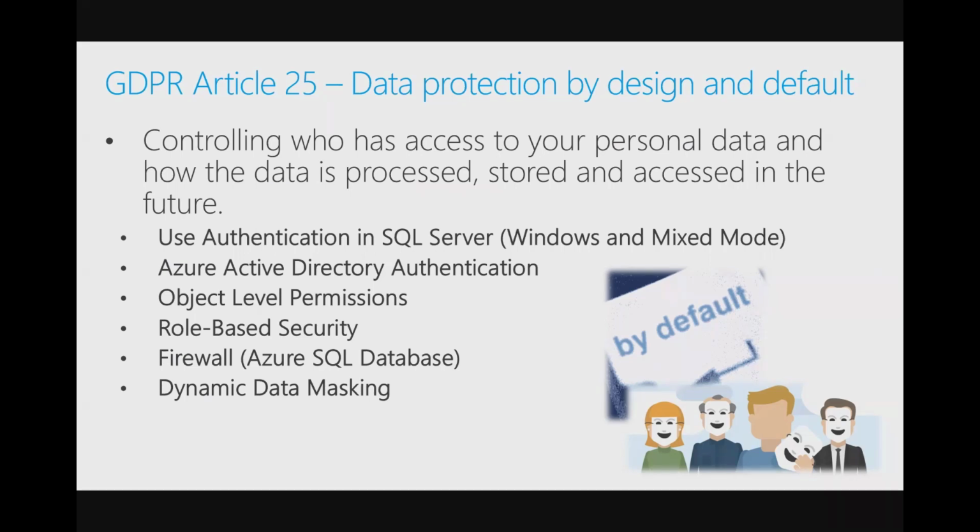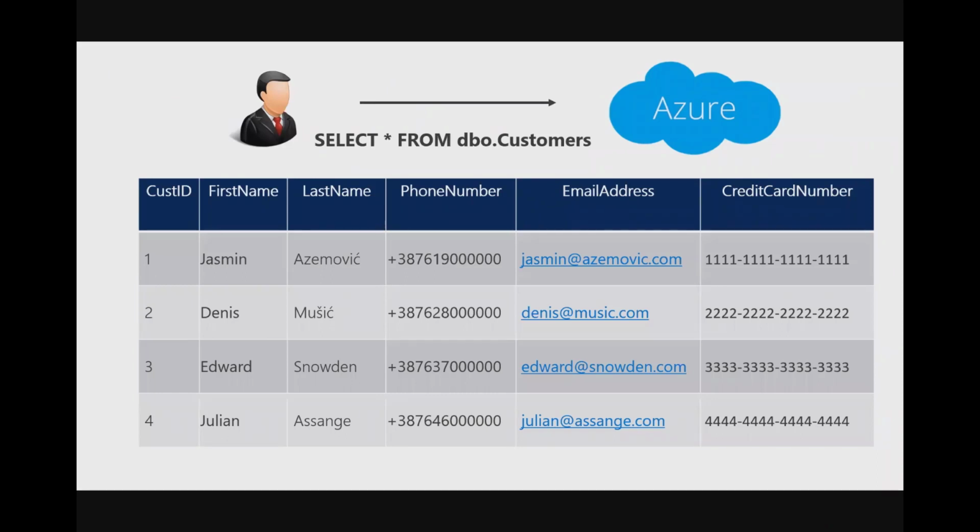GDPR classifies it as private. For example, in this table, first name, last name, phone number, email address, and credit card number can by default be pulled out with a select statement in some GUI environment, web-based or mobile-based, it doesn't matter.